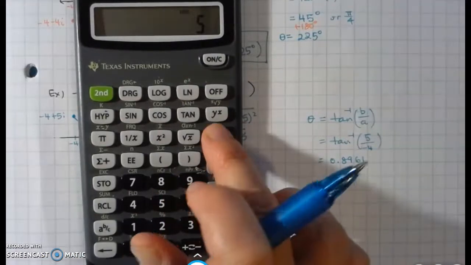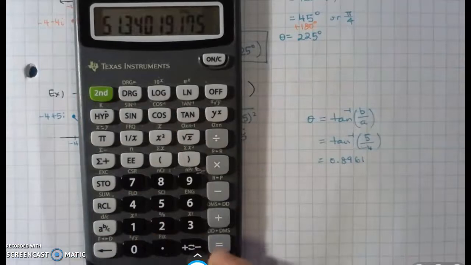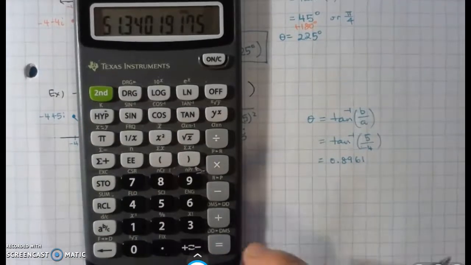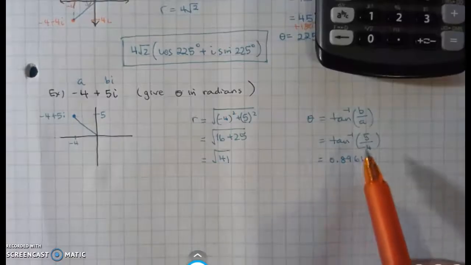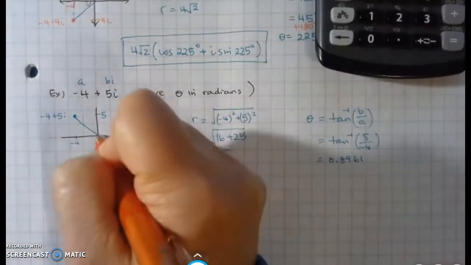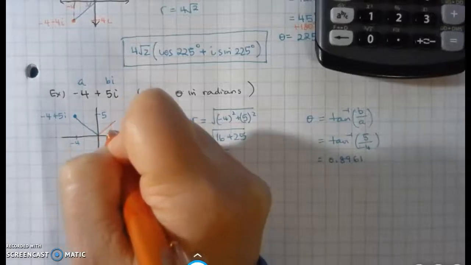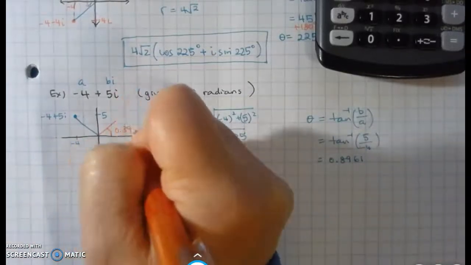So 5 divided by 4 is equal to, and inverse tangent is giving me 51 degrees. Now, the radian value that it gave is really the first quadrant angle measure. So this is 0.89 radian.